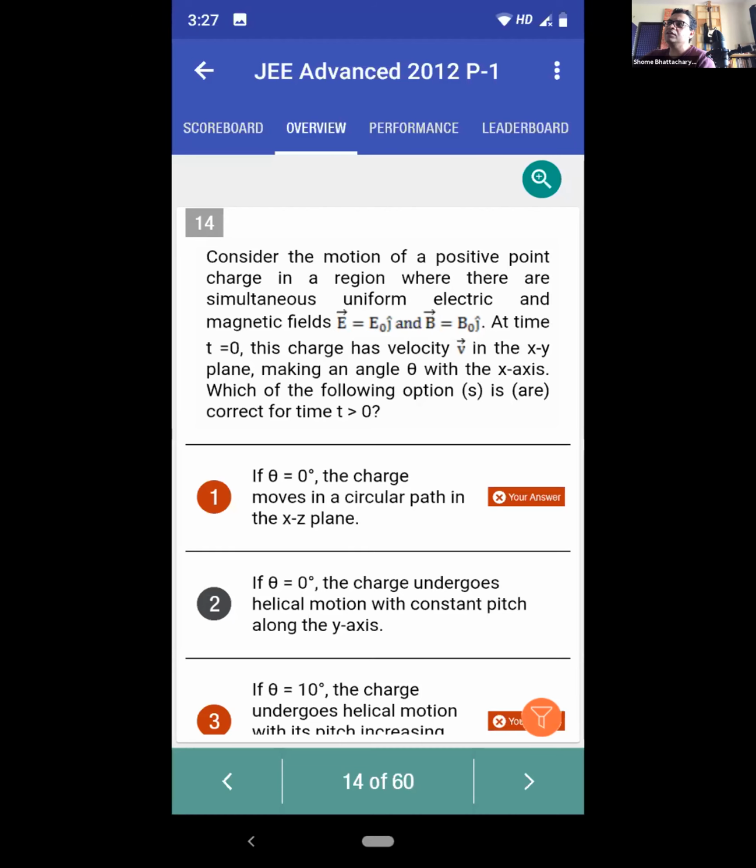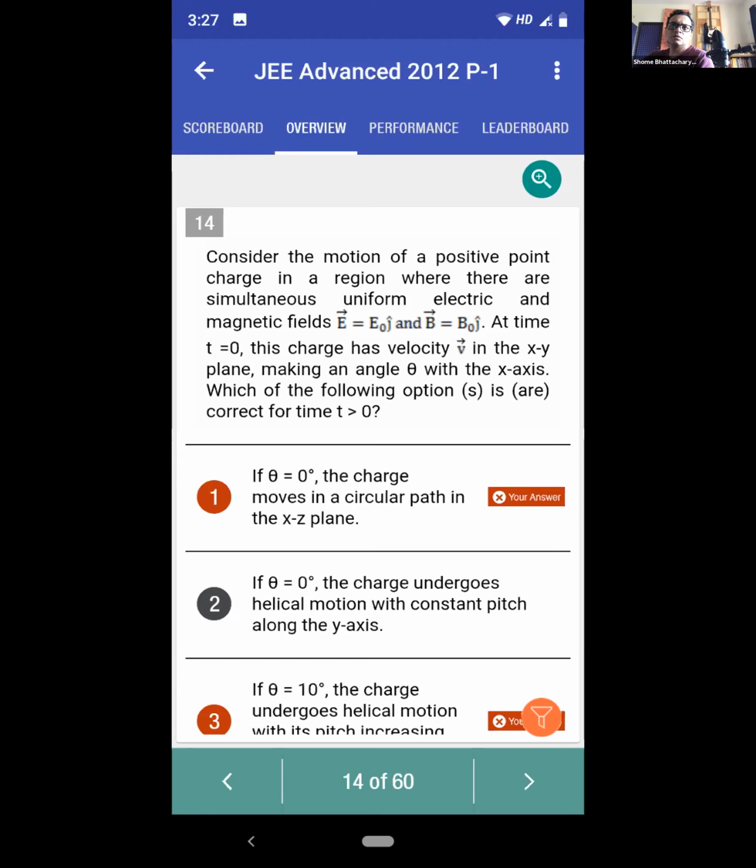Whereas the magnetic field is along the y-axis. So if I give it any initial velocity, in which plane? In the plane perpendicular to that one, that means the xz plane, then it will go into a uniform circular motion. So in general, what type of path is possible? One is that if you release the particle from rest, it will just go in 1D motion because of the electric force.